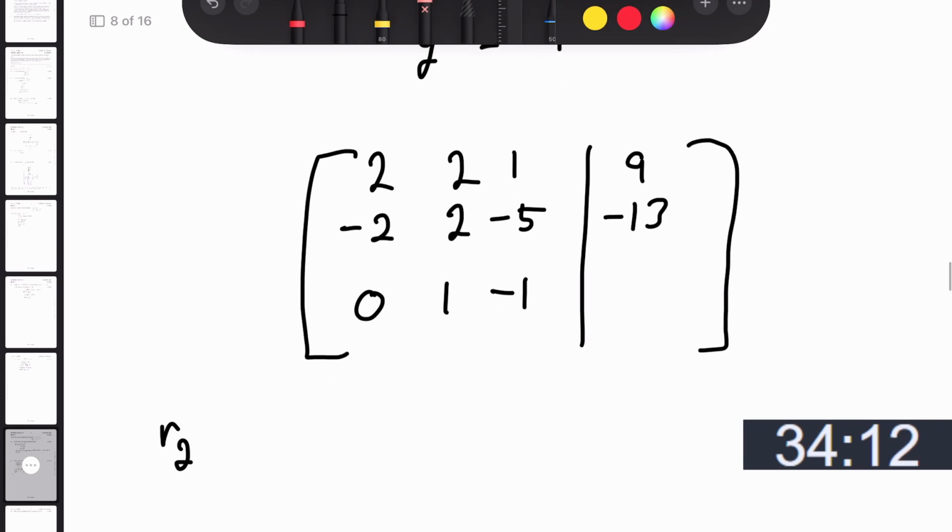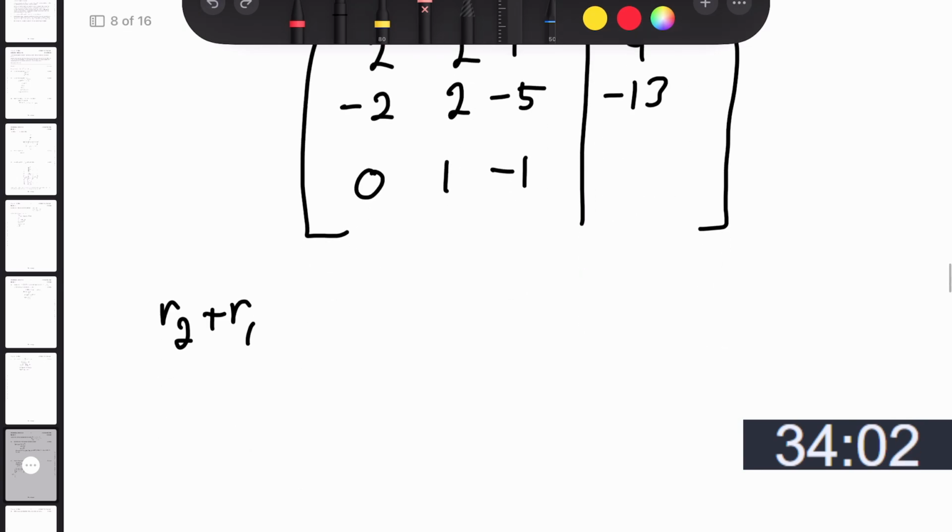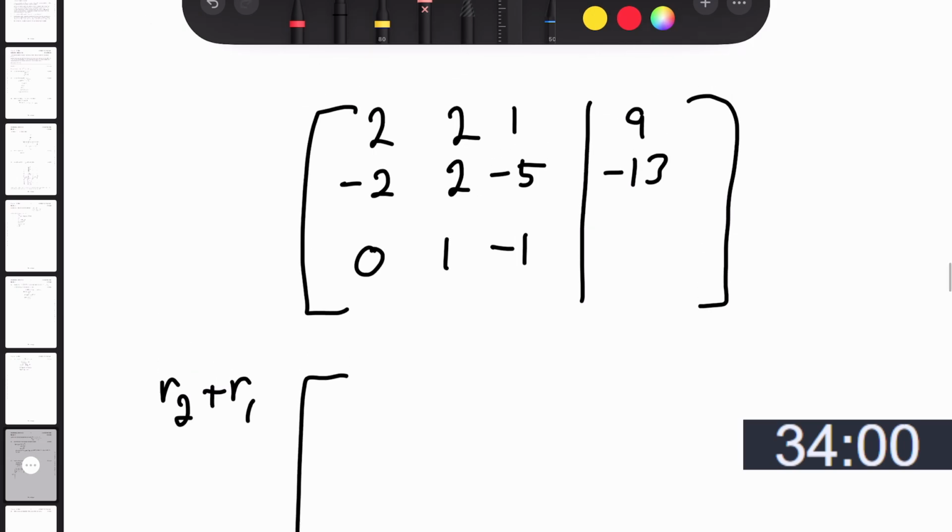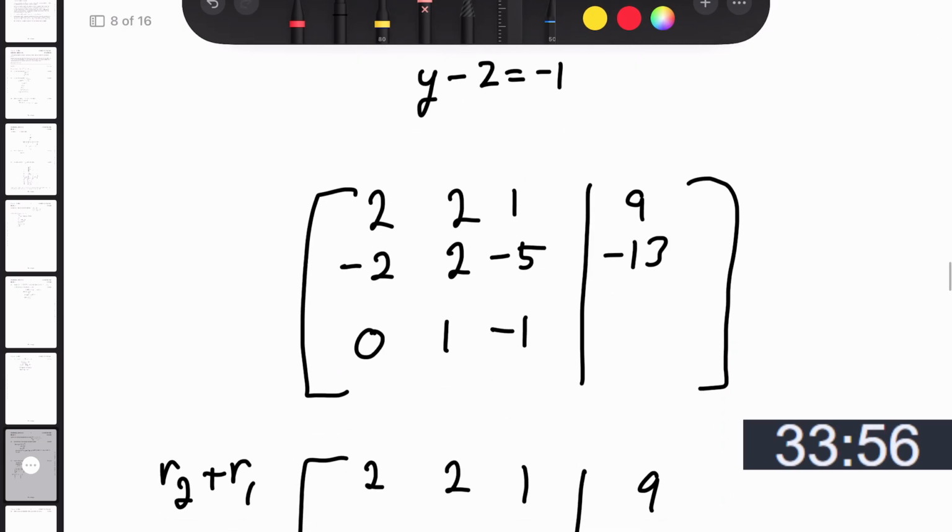And we'll do R2 plus R1. So then this is 2, 2, 1, 9.